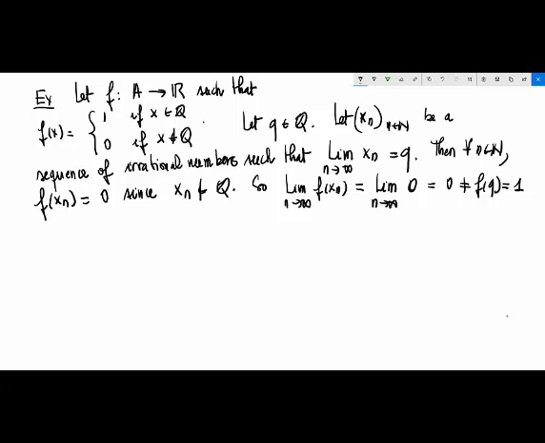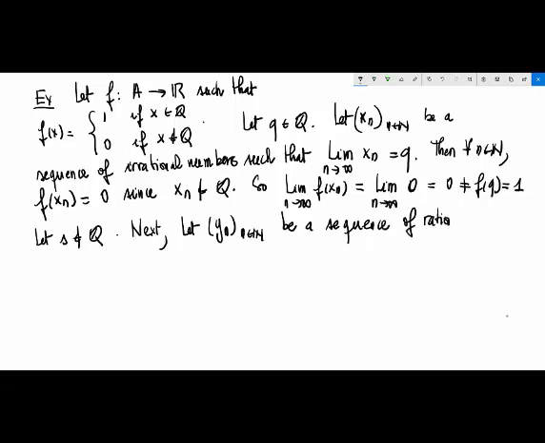Now let's play the same game the other way around. Let's suppose that s is an irrational number. Now I will let yn be a sequence of rational numbers such that the limit of yn as n is approaching infinity is equal to s, and this can be achieved by the density theorem.